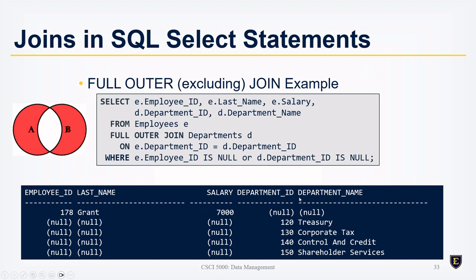Typically, you would use a primary key from each of the tables that you're full outer joining together to exclude that inner part. So we see that we have the Grant person and we have the Treasury, Corporate Tax, Control and Credit, and Shareholder Services listed, but nothing else.